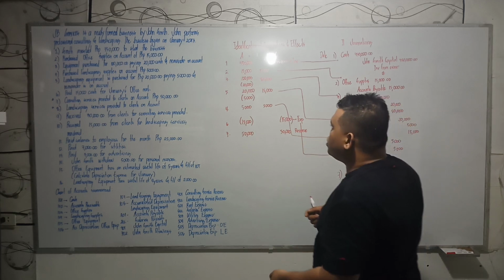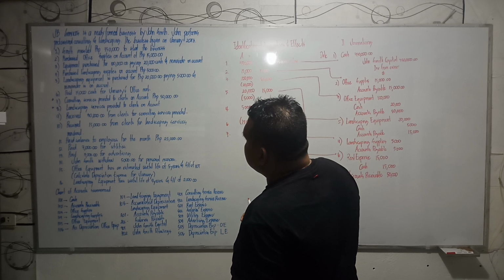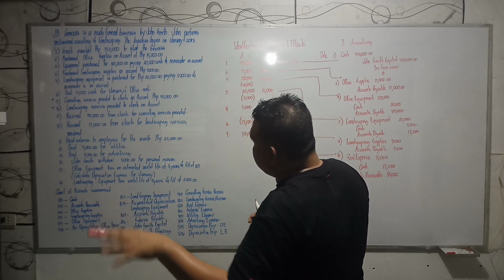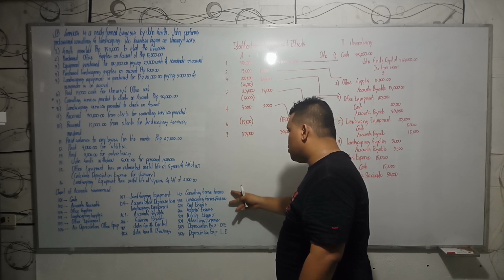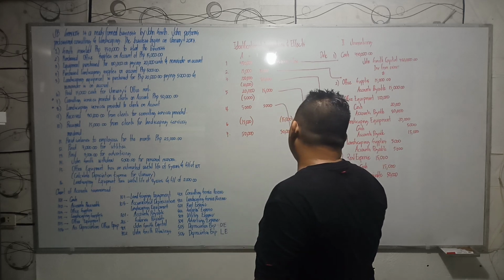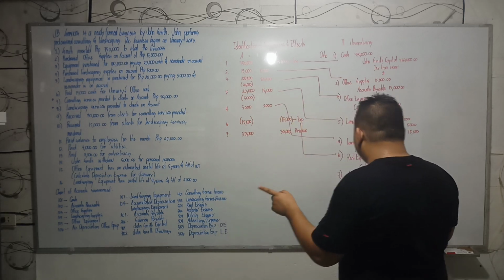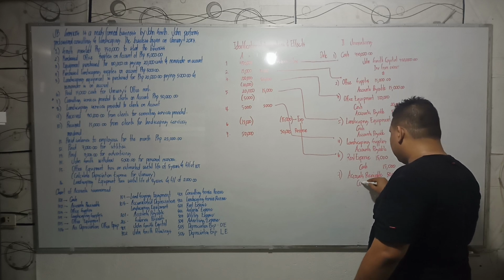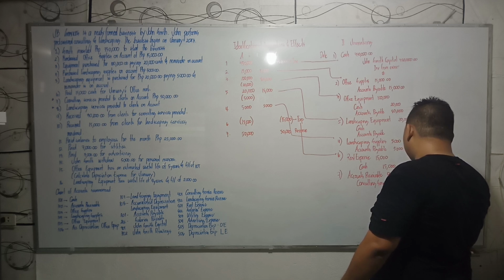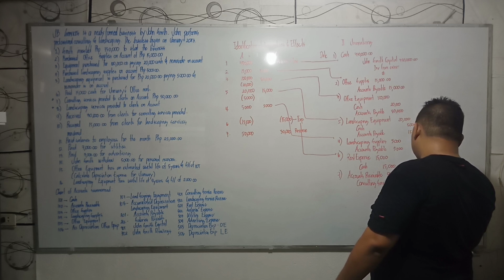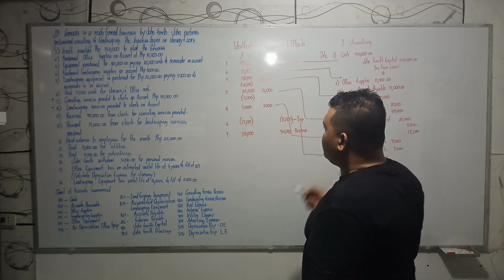And if we're talking about number 7 here, you have provided consulting services. So we have only two revenues in the chart of accounts, consulting service revenue and landscaping service revenue. So that's very clear. That's consulting service revenue worth 50,000. And that's the entry for number 7.